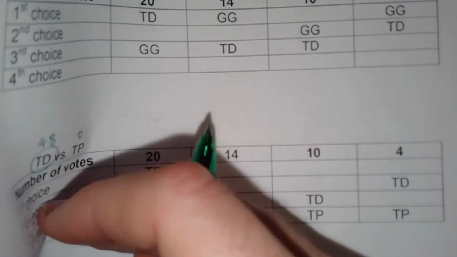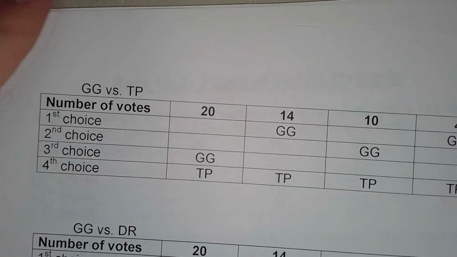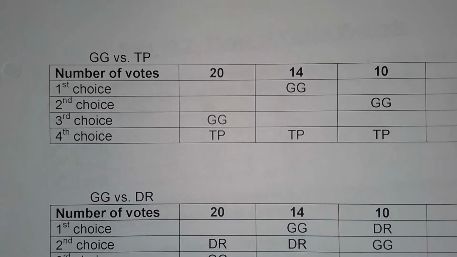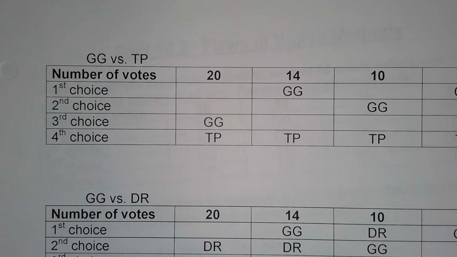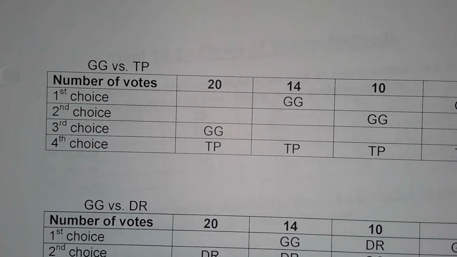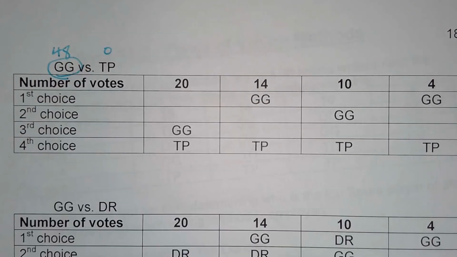So let's go ahead and continue our comparison. And now I'm going to pick on George Gervin. I've already compared him to Tim Duncan, so I don't have to worry about that. So now I'm looking at George Gervin and Tony Parker. George Gervin is ranked higher than Tony Parker in all of these, so he's going to have 48 votes. Tony Parker's going to have 0, so George Gervin's going to be the winner.